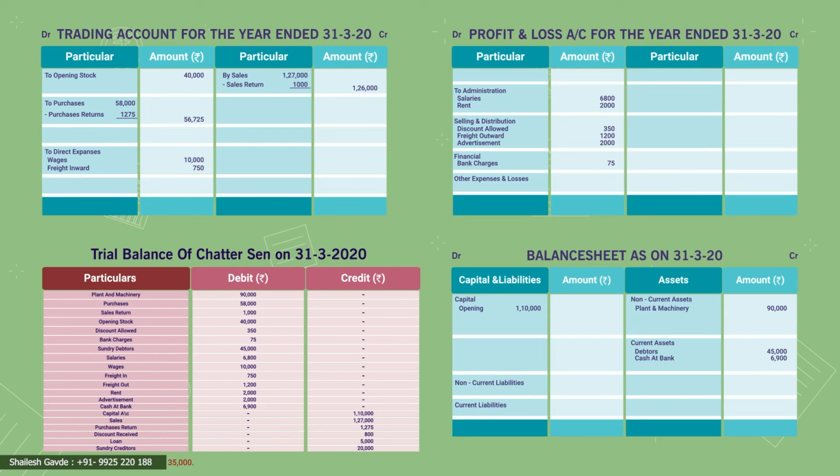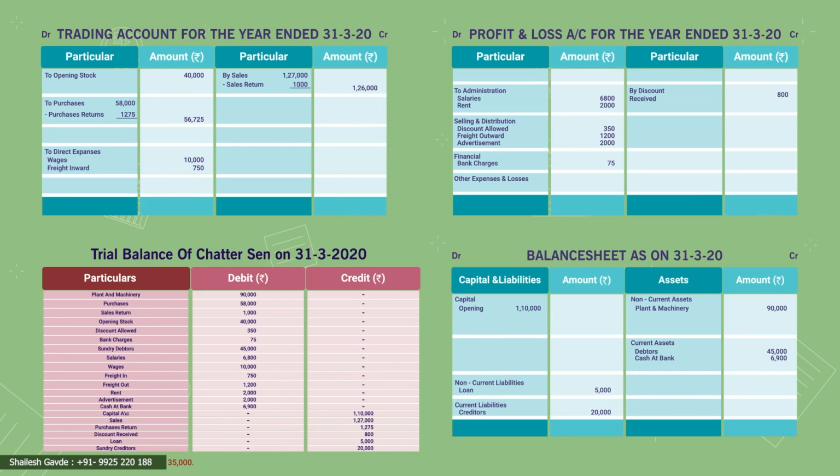Profit and loss account, credit side, 800. Loan, well they have given credit balances and loan credit balance means we have borrowed a loan, it's our non-current liability. So balance sheet under non-current liability, loan will show 5,000. Creditors, it's our current liability, balance sheet liability side, 20,000.